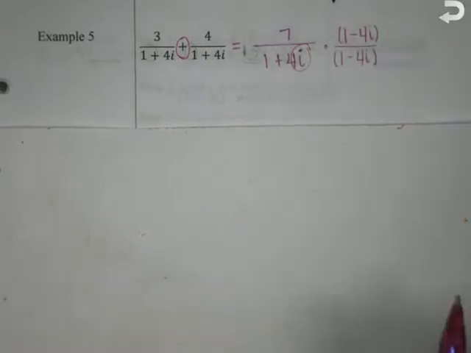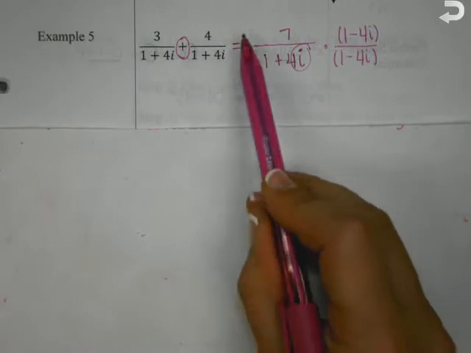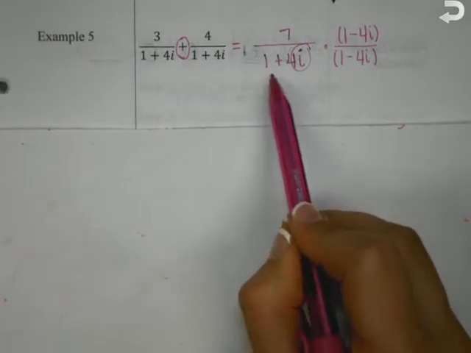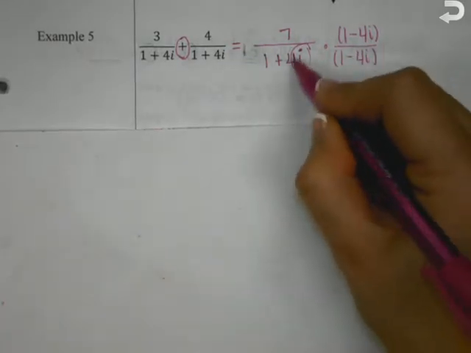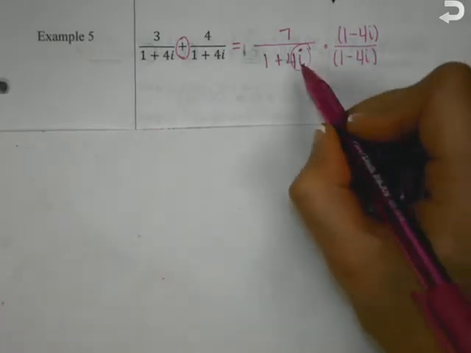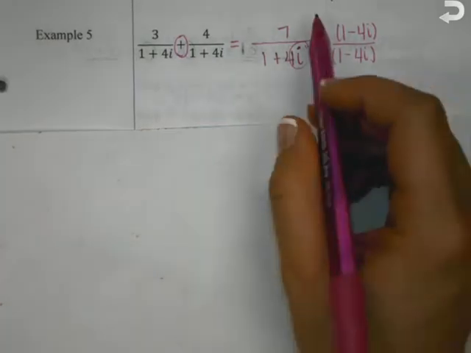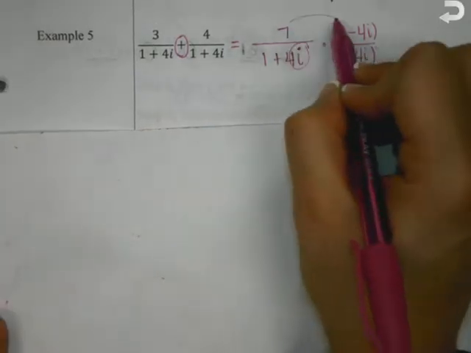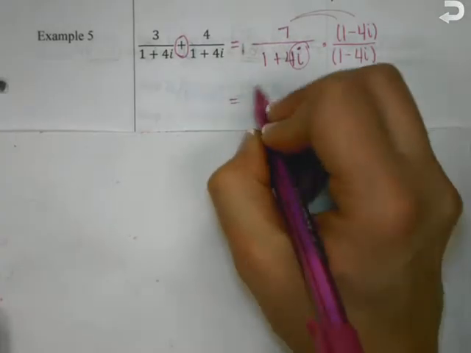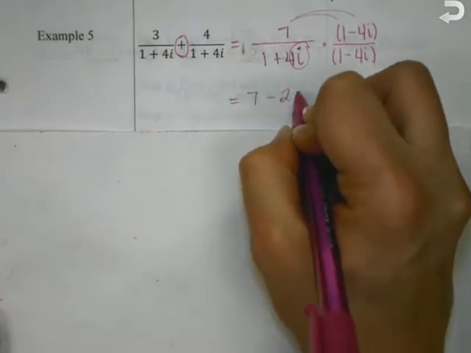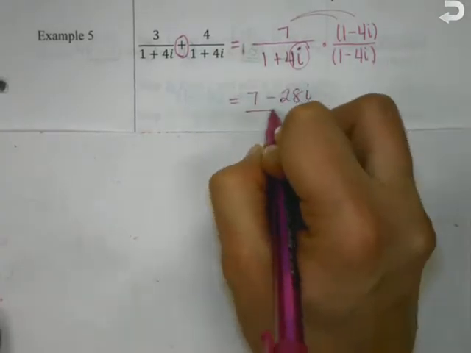Okay, so here I'm going to distribute. That gives me 7 minus 28i all over, and then we're going to do the FOIL method. So 1 times 1 gives me 1, 1 times negative 4i gives me minus 4i. 4i times 1 is plus 4i.